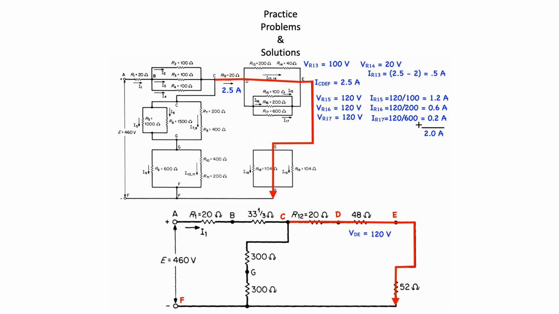The current flowing from E to F is 2.5 amps, and because R18 and R19 are equal, the current of 2.5 amps will split evenly such that the current through R18 is 1.25 amps, and the current through R19 is also 1.25 amps.